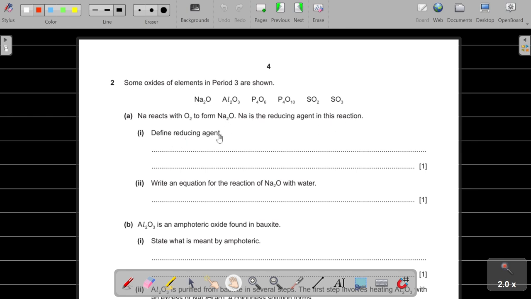Define reducing agent. It means it is reducing other things, but it is oxidizing itself. So you can say it is a substance, or even a species.